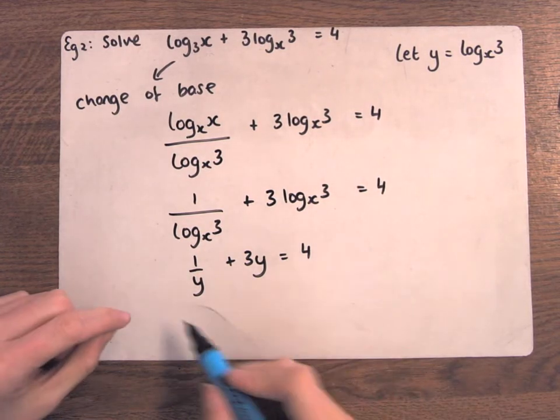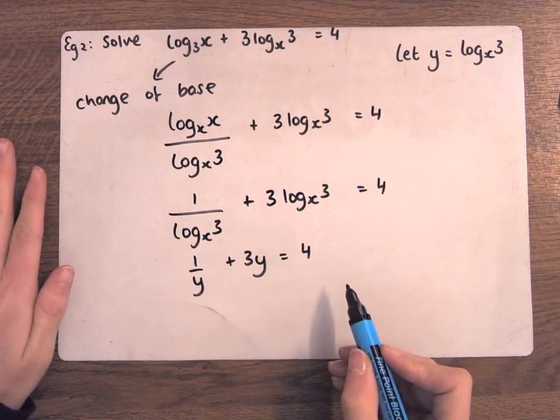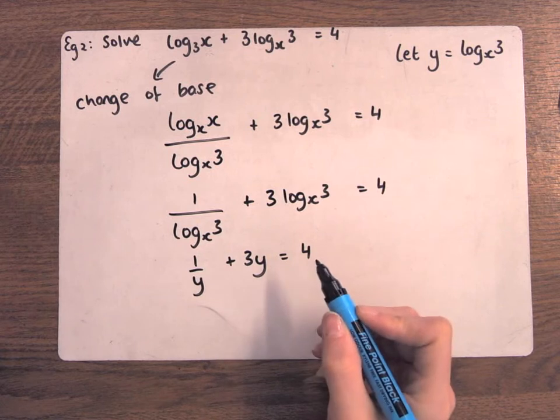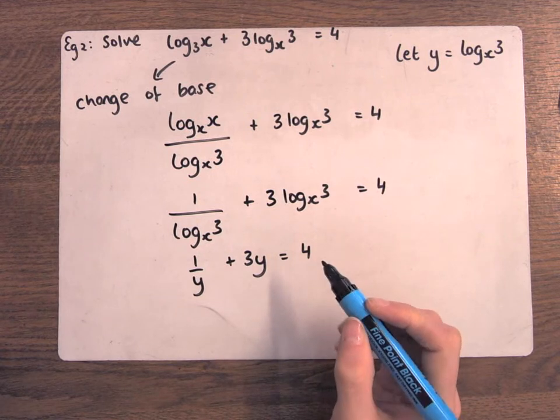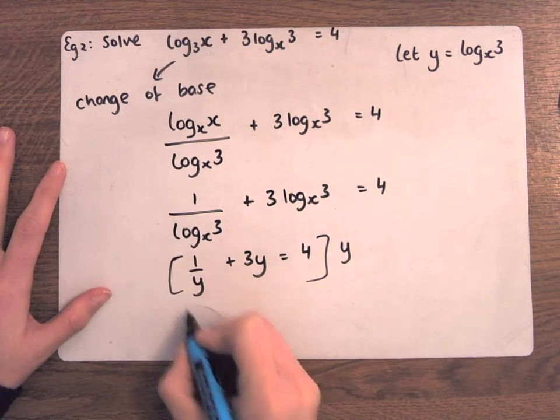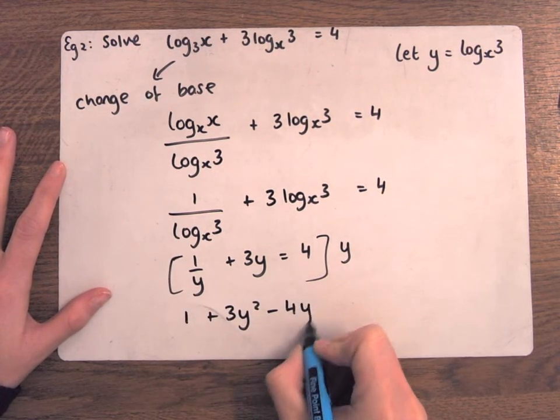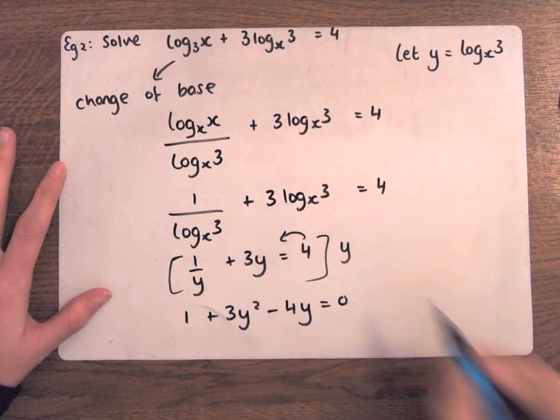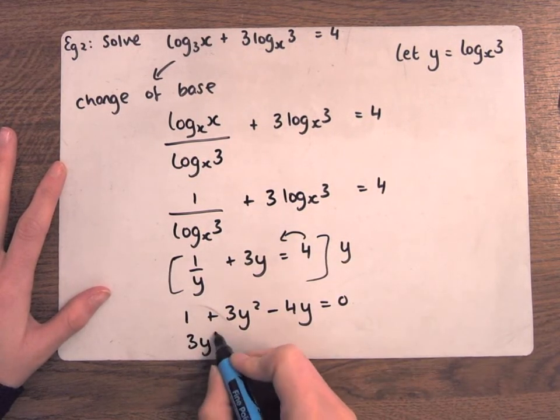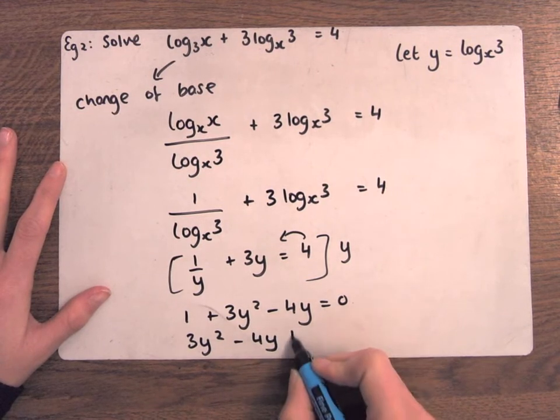Now here, what am I going to do? Okay, bring the 4 over, and then I still have a y on the bottom line, so what do I do? Multiply everything by y. Excellent, so that's going to be 1 plus 3y squared minus 4y equals 0 if I bring it over. 3y squared minus 4y plus 1 is 0.